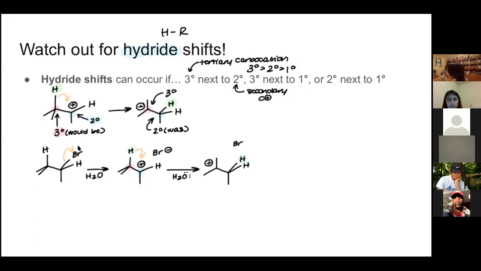You have your Br here still just doing its own thing, but you can ignore it for now. And lone pairs are going to come and attack. I'm going to draw it like that. So you will get something like this. It's going to be ugly.